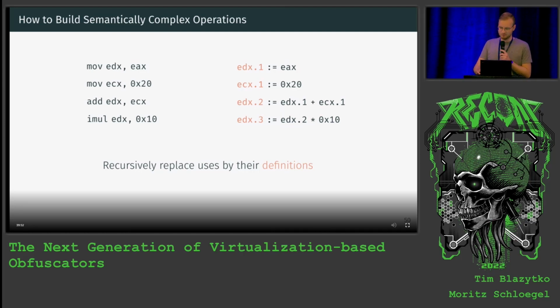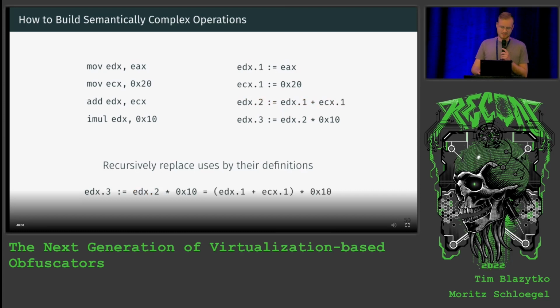Let me walk you through a small example. So for example, the last variable ADX3 is defined as ADX2 multiplied with 0x10. And we're going to look up the definition, so ADX2, and we slice in this definition. So the result is ADX1 plus ECX1 multiplied with 0x10.